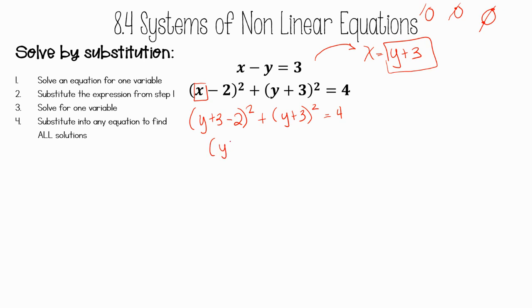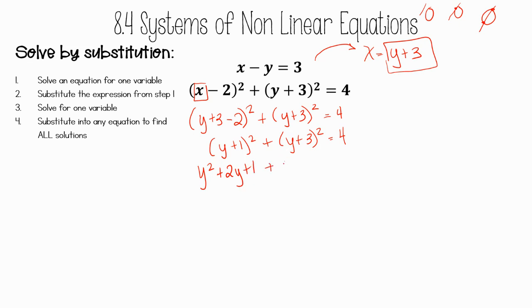Let's clean this up. I have (y + 1)² + (y + 3)² = 4. And now, where our algebraic skills are going to come really in handy is we're going to expand each of these. These are both perfect square trinomials. So if you remember that pattern, it's going to be y squared plus 2y plus 1, right?